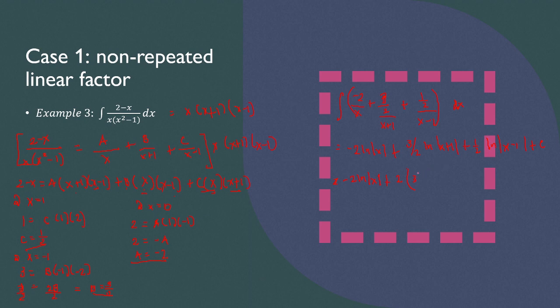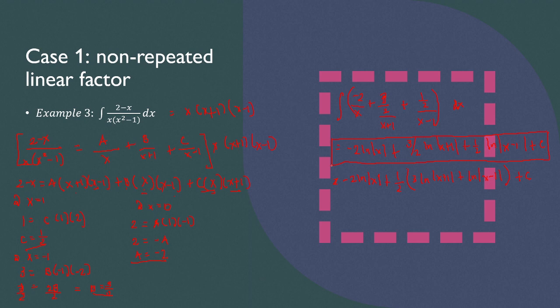This should be 1 half times 3 ln of x plus 1 plus ln of x minus 1 plus c. So, is that our final answer? Actually, yes, we cannot do anything more about that. Okay, this can be our final answer.